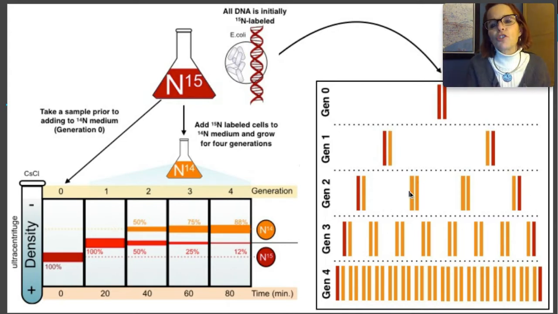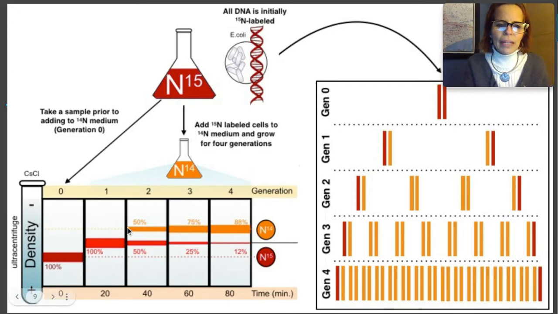And so now we have two DNA molecules that are made entirely of light nitrogen. So they're going to form the really light band at the top that has no heavy nitrogen in it at all. But we're still going to have those two right here, this one and this one, that have half heavy nitrogen.